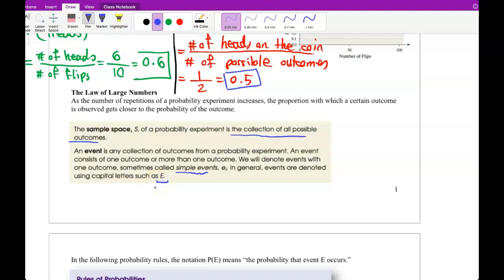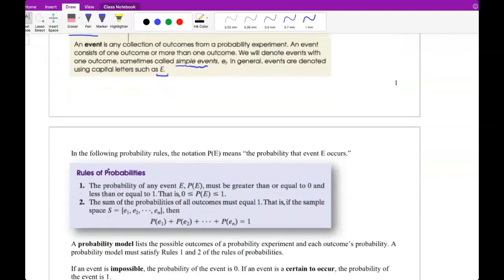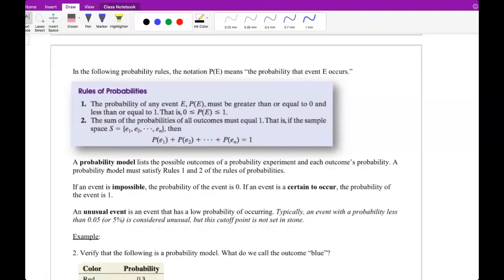We're going to use E for event and S for sample space. And what this P of E is, this is the probability of this event. So this E is our event, and that P is the probability of that event.